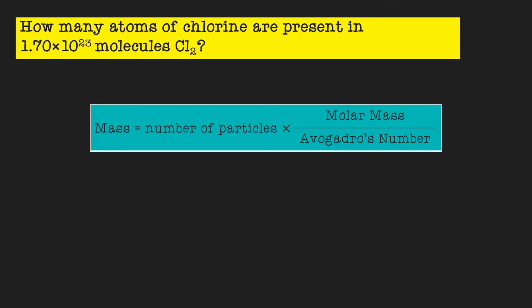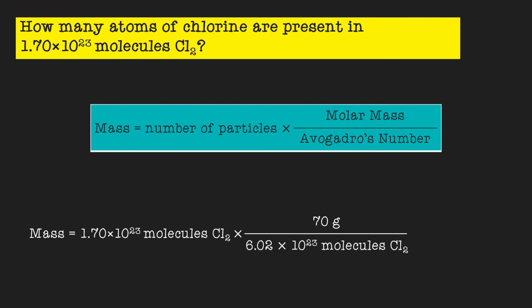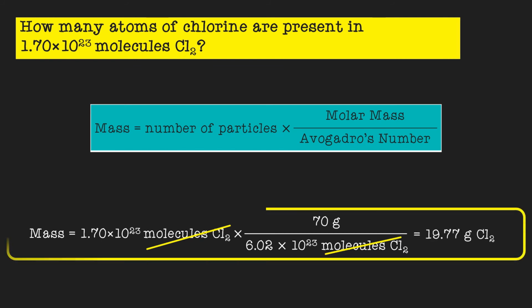Substituting the given variable, mass is equal to 1.70 times 10 raised to 23 molecules of chlorine multiplied by 70 grams and divided by 6.02 times 10 raised to 23 molecules of chlorine. Canceling the molecules, then the result is 19.77 grams of chlorine.